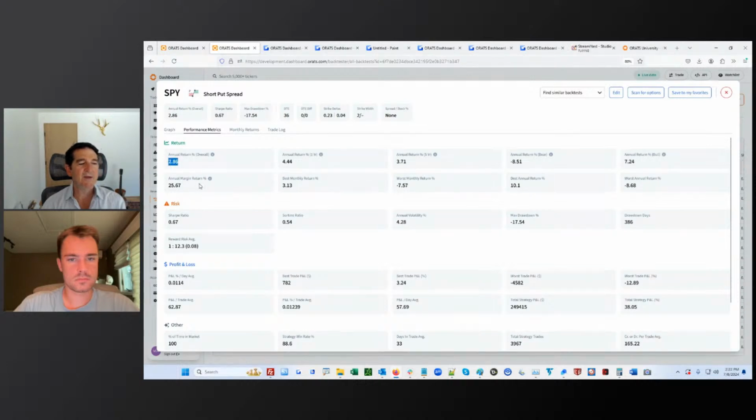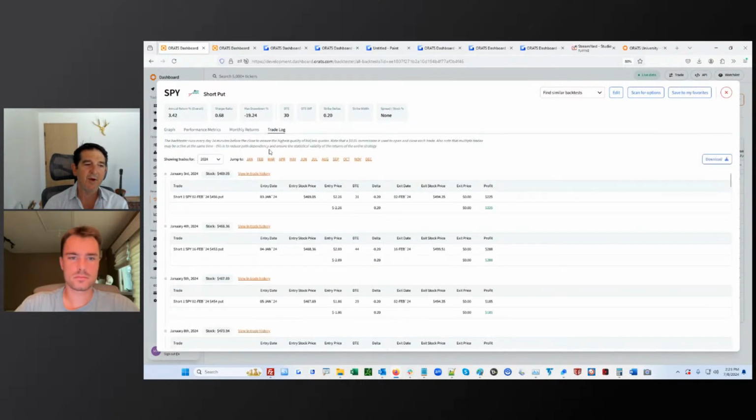And again, this has a lower annual return, and the drawdown is 17% in the short put spread. The drawdown is 19% for the short put, which is interesting because the short put has unlimited downside, right, but it's far enough out of the money and long term enough to where it gets pretty far out there.